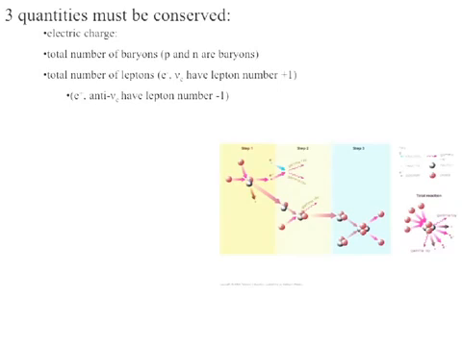That's the normal electron and neutrino. And there are anti-electrons that are called positrons, and antineutrinos. Good enough. And they have lepton number -1. So those are conserved quantities.